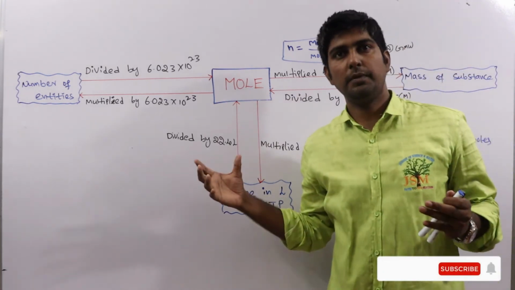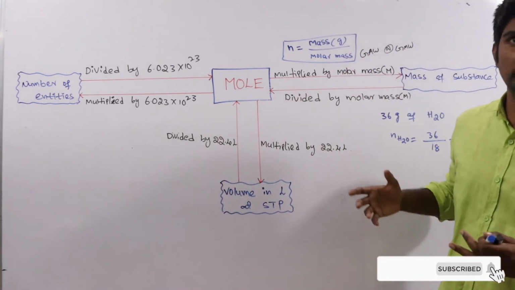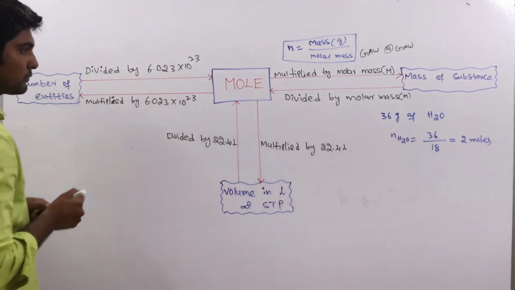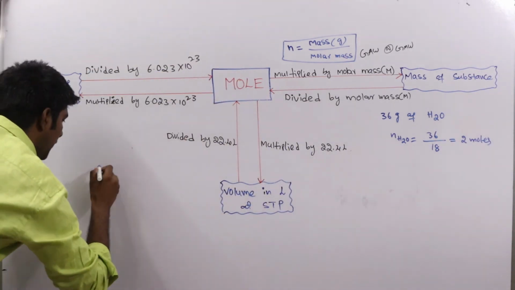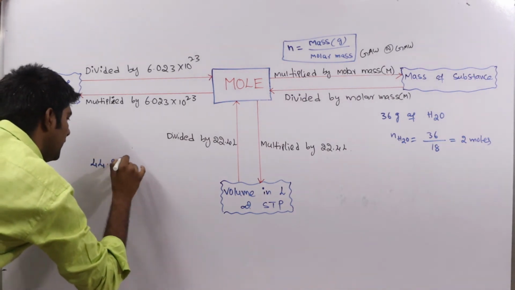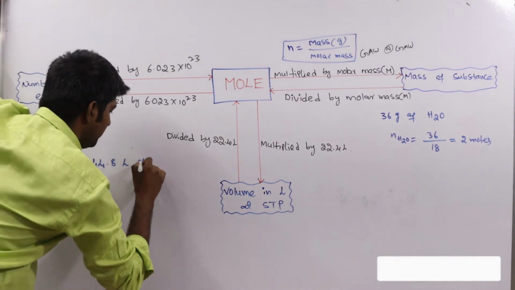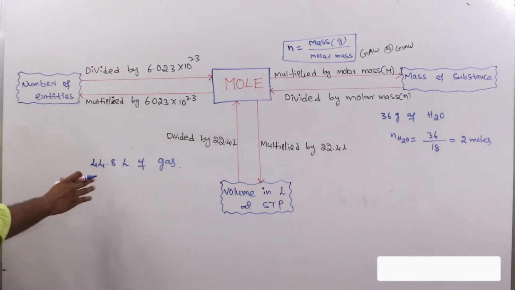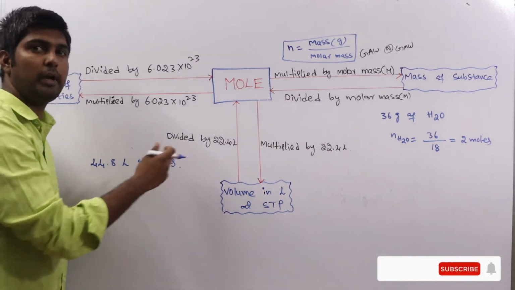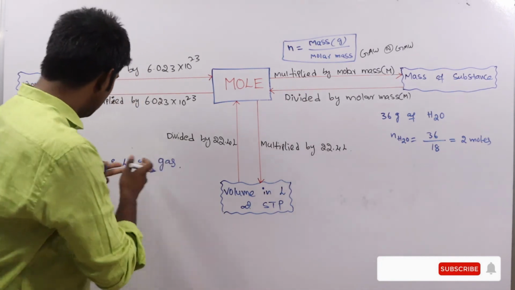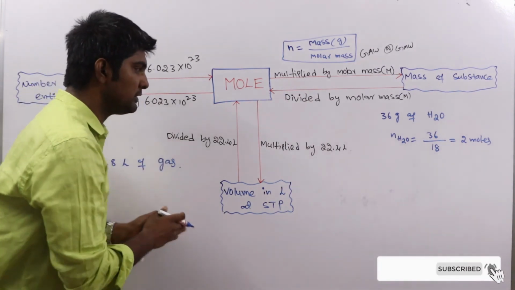Okay, so in this way we can do stoichiometric calculations in a very simple way. For example, suppose 44.8 liter of a gas is given, and they ask you to find how many moles this 44.8 liter of gas is equal to.